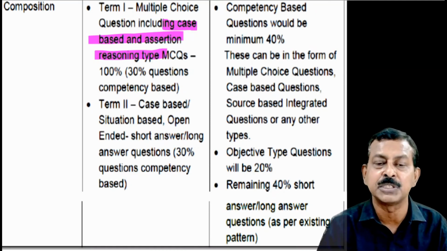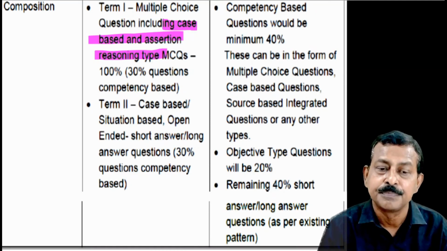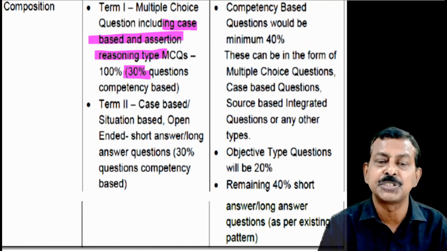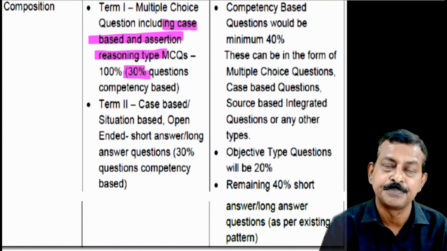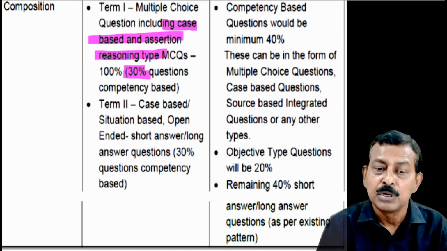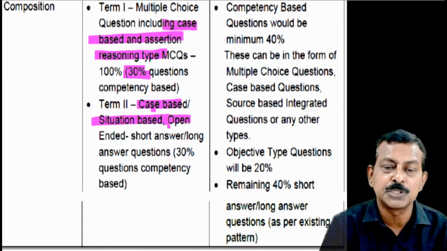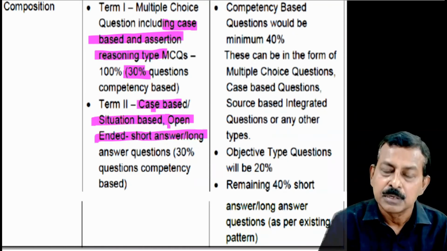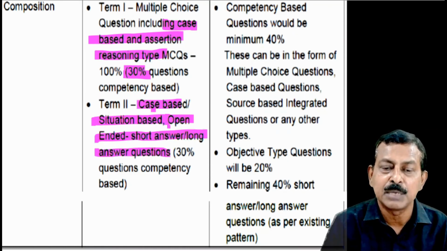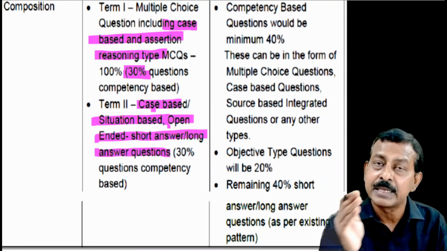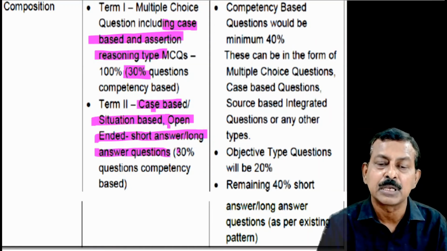And out of that, 30% questions were competency based. Now, in term 2, case-based or situation-based, open-ended, short answer or long answer type questions, again 30% questions were competency based.